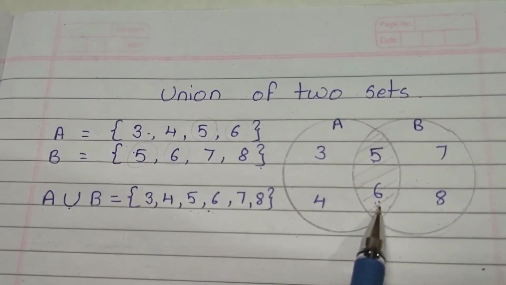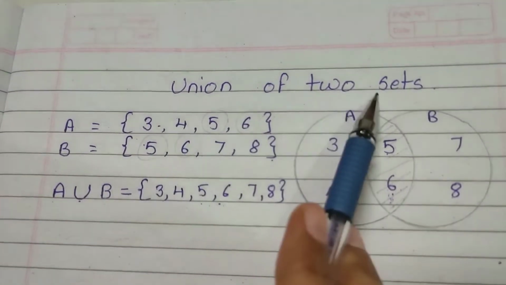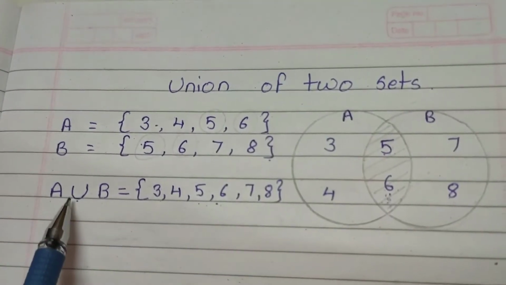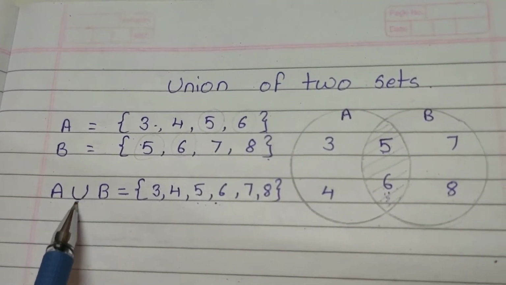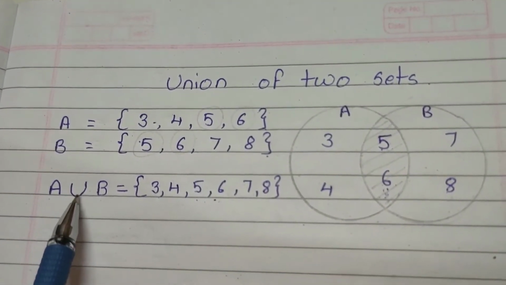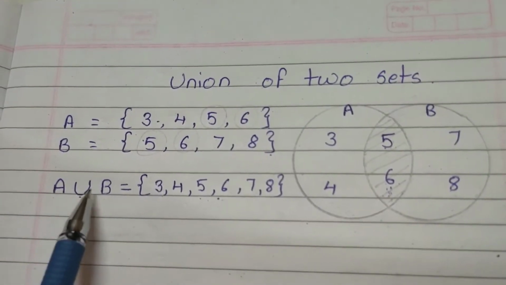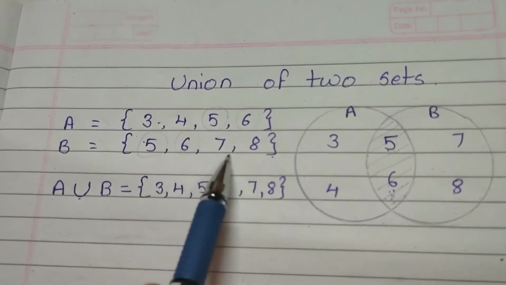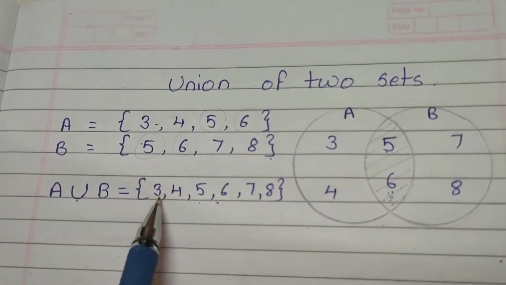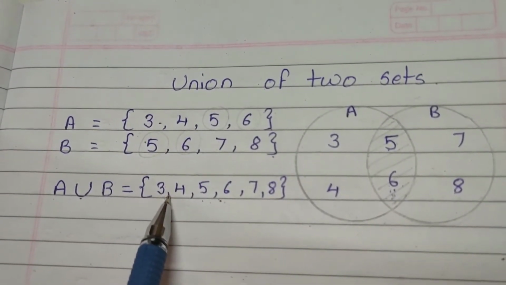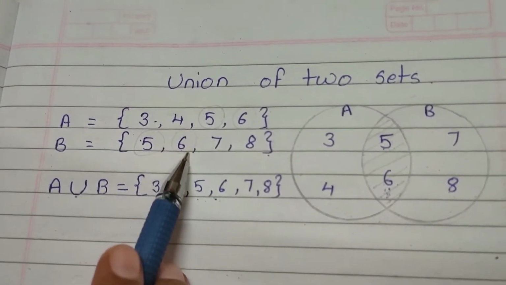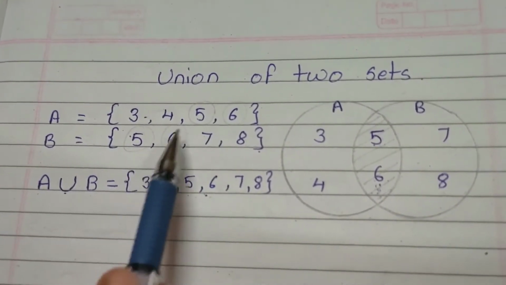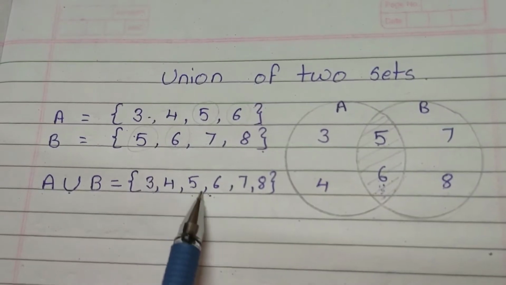Opposite to that, we are going to learn the union of two sets, which is represented by this symbol, which looks like U. So A union B is equal to all elements of both sets. Here we are going to list out all the elements of sets A and B, and the common element we will write once only.